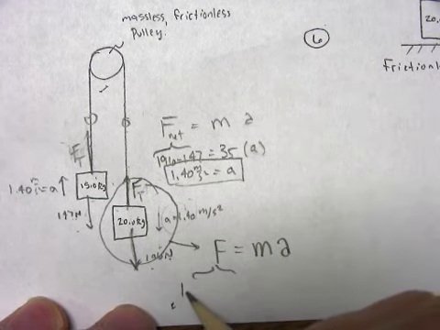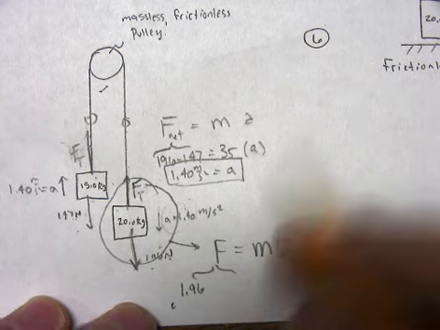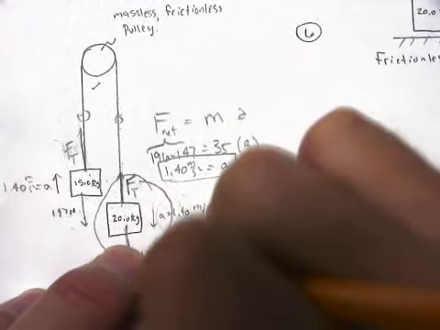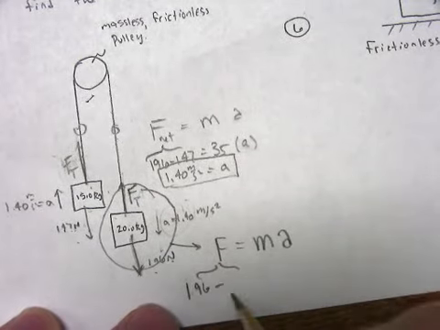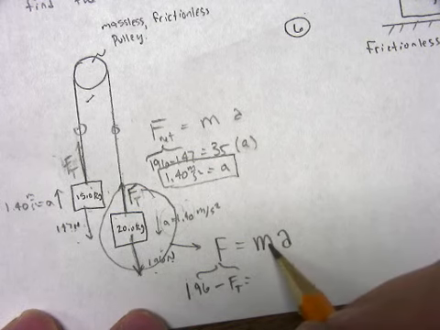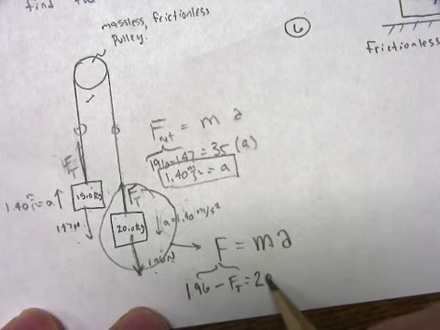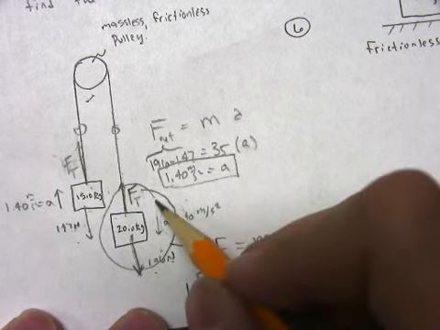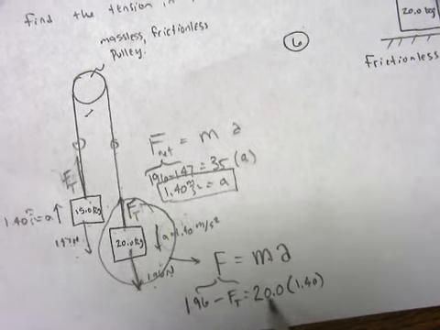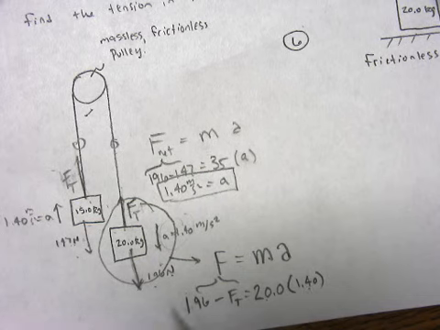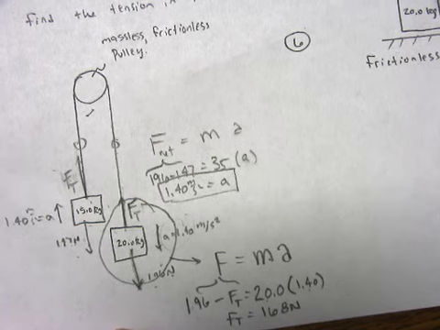I've got a down force 196, and I've got an up force, the tensile force. The mass is only this block, 20, and the acceleration I know is in this direction, 1.40. So 20 times 1.40. I subtract 196, multiply by -1, and the tension comes out to be 168 newtons.